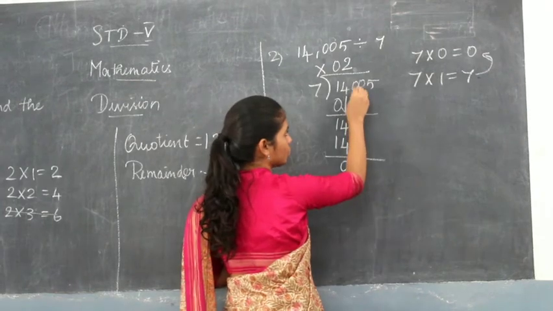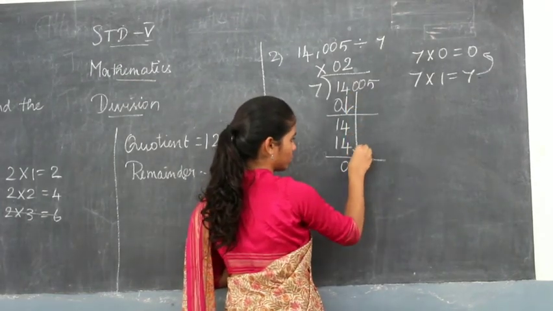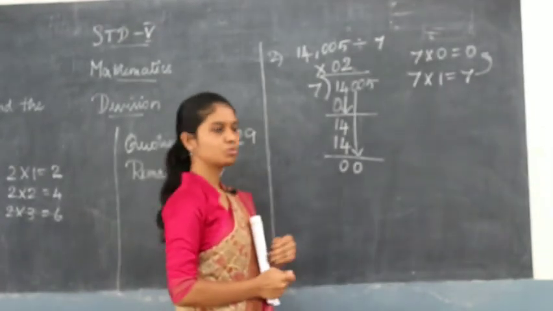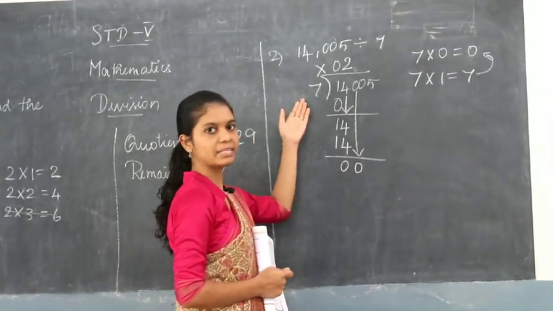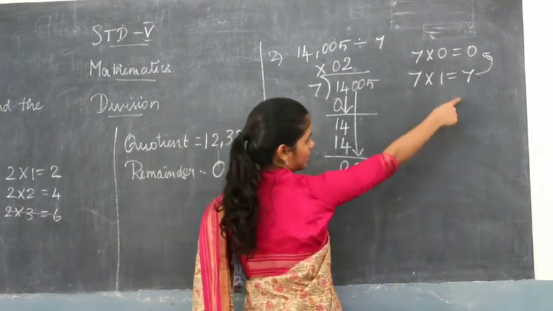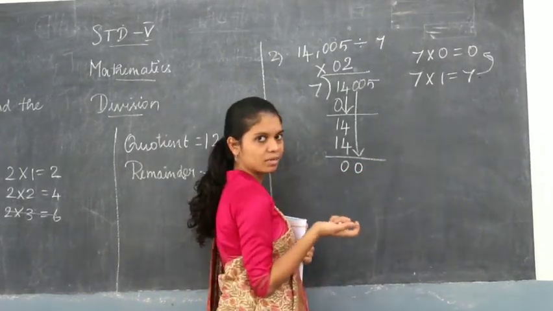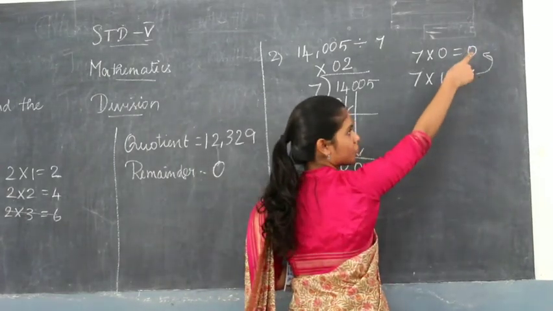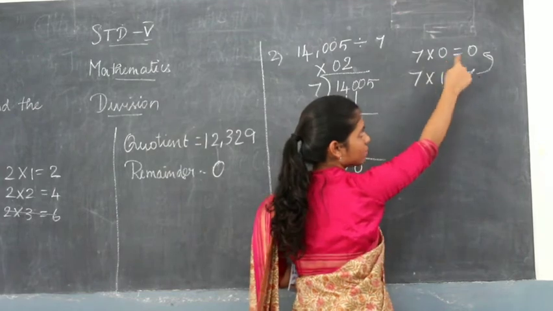So now you should bring the next number down. You got 0. So you should start telling the 7 table. 7 ones are 7. 7 is really greater than 0. So you should go to the number before, which is 0. 7 zeros are 0.